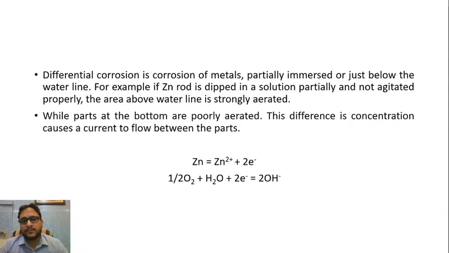Because of that, the portion of the rod inside the solution behaves as anode and releases electrons, and the oxygen present at the open end, above the water level, absorbs those electrons and, in presence of water, reacts with water to form hydroxide ion, and that hydroxide ion reacts with zinc to form zinc hydroxide, or metal hydroxide. In this way, the pure metal keeps on converting into the hydroxide, or the corrosion product.